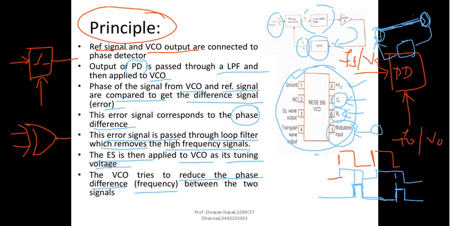The output is fed back to the phase detector's other input by virtue of the voltage controlled oscillator, where the voltage controlled oscillator tries to lock the output frequency with respect to the input frequency by reducing the error. This is how the basic phase locked loop works.